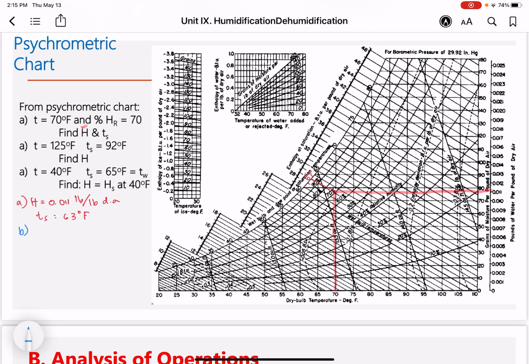You're given 125 degrees Fahrenheit and a saturation temperature of 92 degrees F. So, 125 degrees Fahrenheit. Okay, medyo kulang. So, default natin si number 2 kasi ito yung parang lower temperature. There's another psychrometric chart having a higher temperature.